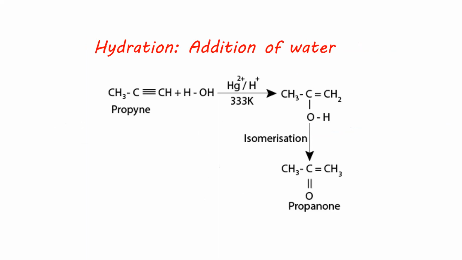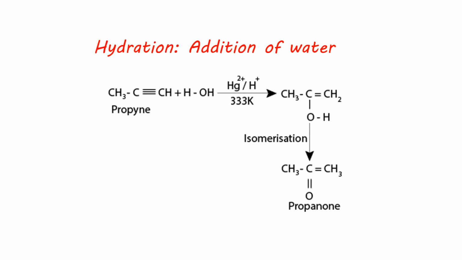Next comes hydration, or we can say the addition of water. Here, like alkanes and alkenes, alkynes are also immiscible and do not react with water. However, one molecule of water adds to alkynes on warming with mercuric sulfate, that is HgSO4, and dilute sulfuric acid at 333 Kelvin to form carbonyl compounds.